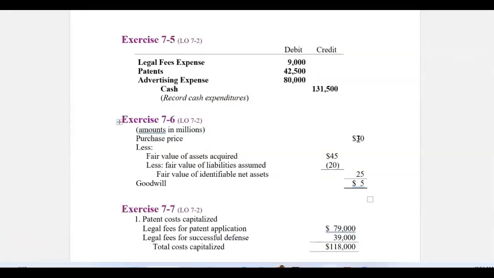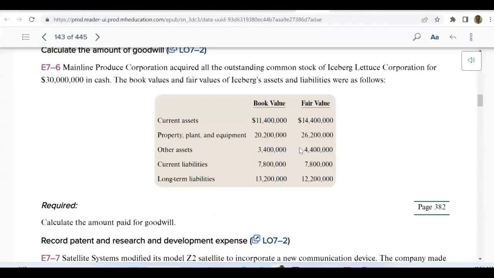We purchased the business for $30 million, but the business has a fair value of assets acquired of 45 million. So where is that fair value coming from? Here, fair value. You see all those? Fair value of assets, 14, 26, and 4.4 million.